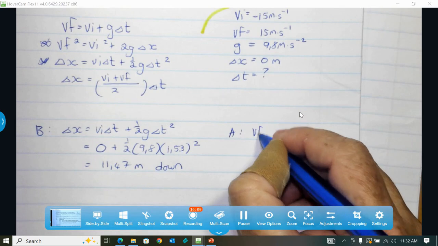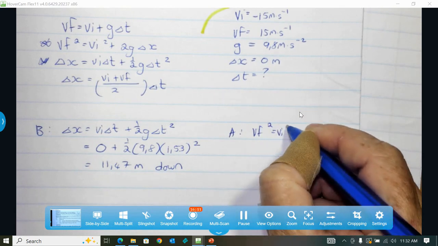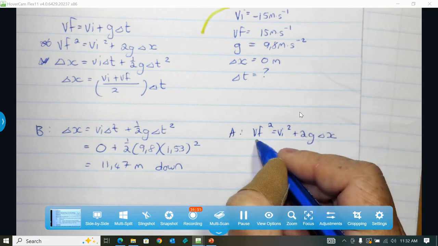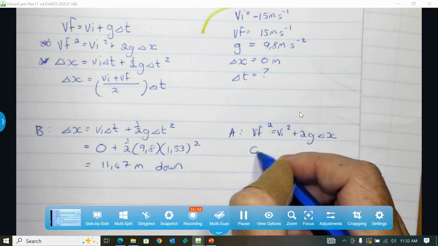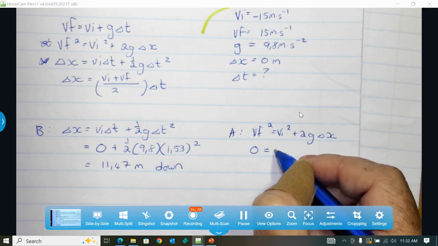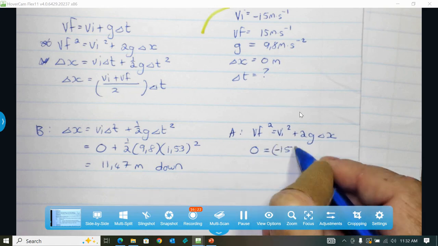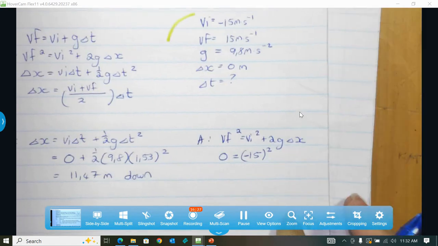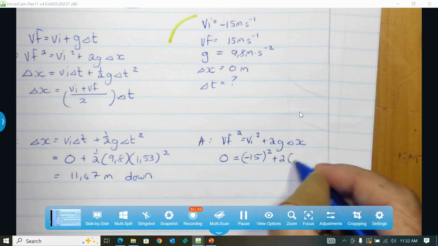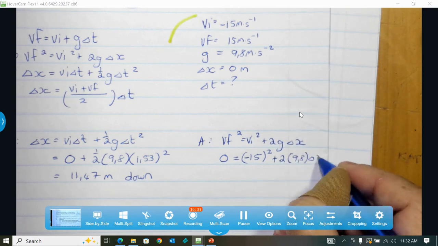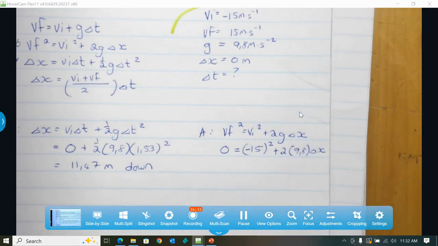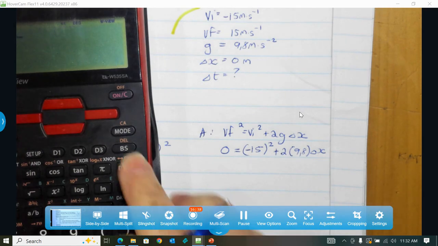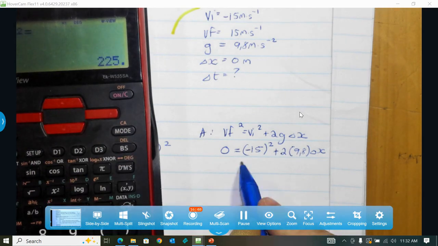So we've got final velocity squared is equal to initial velocity squared plus 2g delta x. Final velocity for A is at the top, 0. Initial velocity is minus 15, and it's that whole thing that you square, so it'll become positive again. Plus 2, g is positive for this whole question. There's change in displacement. So if I go 15 squared, that's 225.